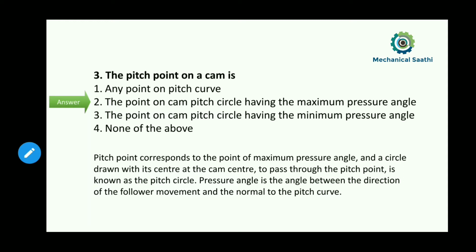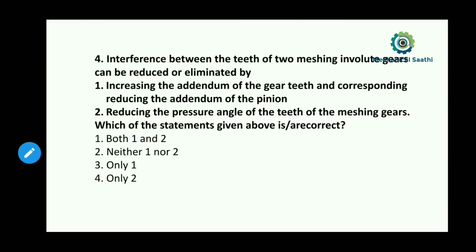Okay, next question number 4. The interference between the teeth of two meshing involute gears can be reduced or eliminated by, and statements are given like this: increasing the addendum of the gear teeth and correspondingly reducing the addendum of the pinion.